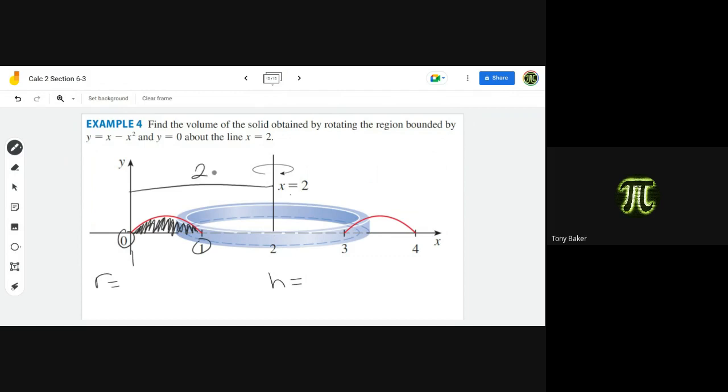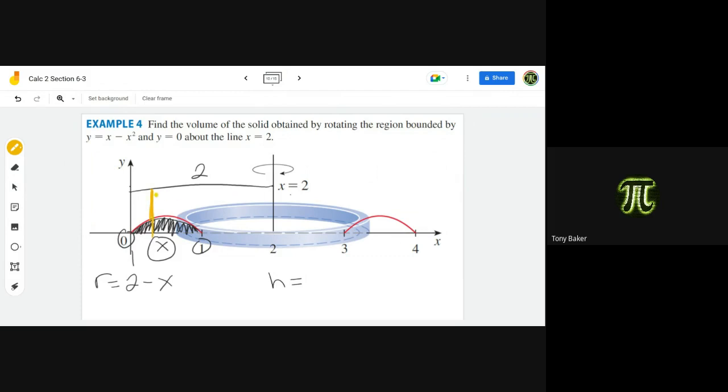So that's 2, correct? Good. And this is whatever my x is that I'm looking at, right? So that's my x. So my radius is going to be 2 minus x, because it's 2 minus whatever that's going to be. Say we're looking for that cylinder.